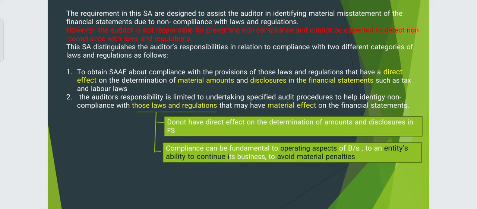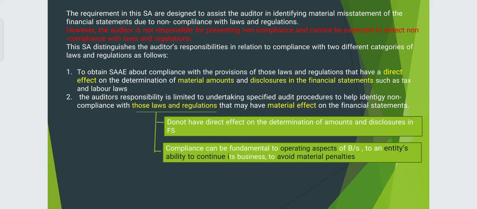However, the auditor is not responsible for preventing non-compliance and cannot be expected to detect non-compliance with laws and regulation, because the prevention and detection is management's responsibility, not the auditor's responsibility. So, what are the responsibilities of the auditor?